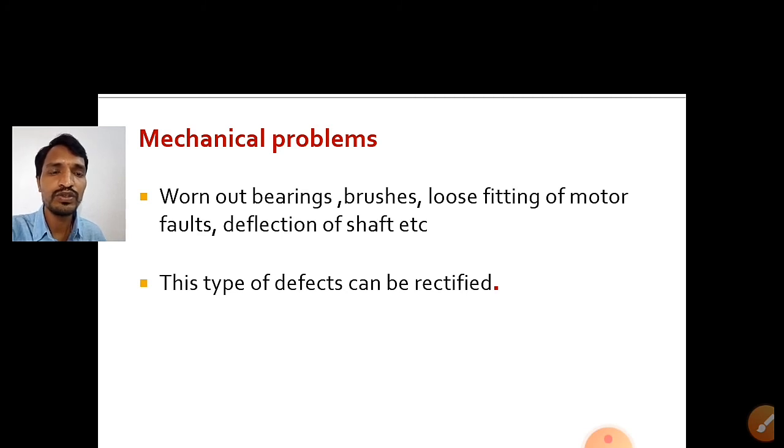Due to this the shaft will get damaged. We can rectify this problem by balancing the shaft or replacing it. If the shaft is unable to be balanced, we can replace it with a new shaft.